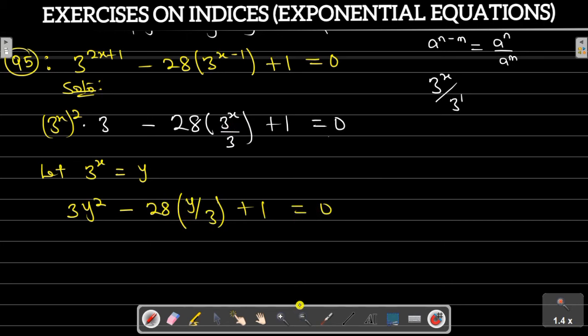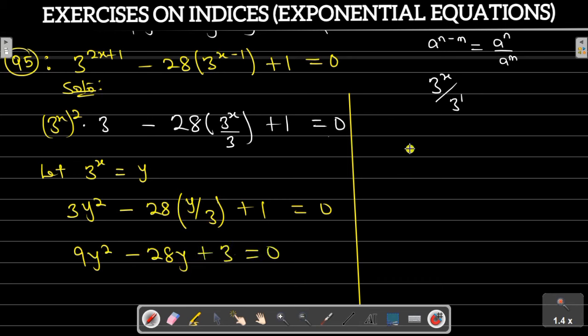To be able to handle that like we did in an example up, we need to clear that fraction. To clear the fraction, we multiply through by 3. That's going to give us 9y squared. Then when 3 multiplies here, it will cancel this one, so we just have 28y, then plus 3 times this will give us 3, all equal to 0.